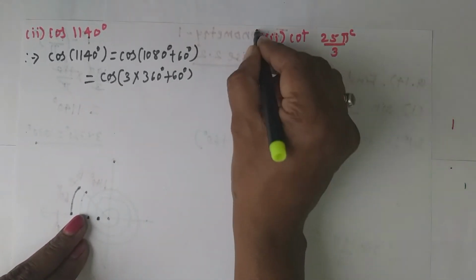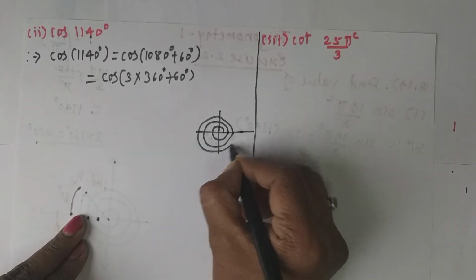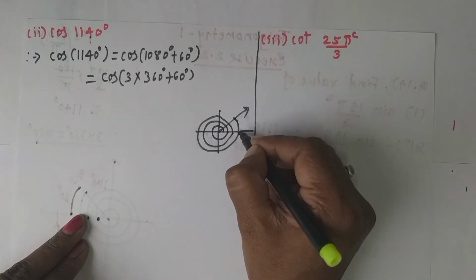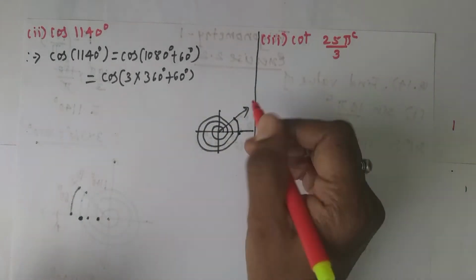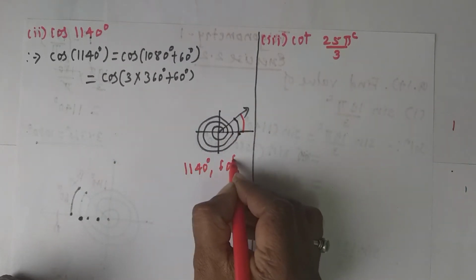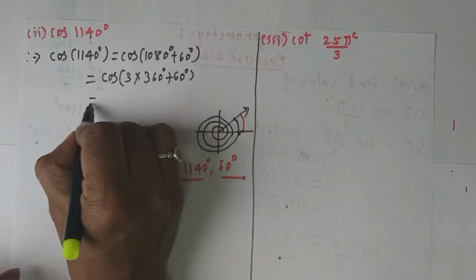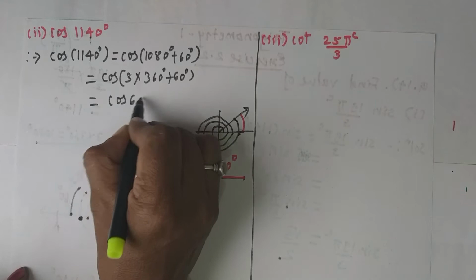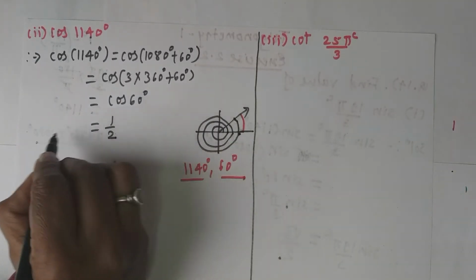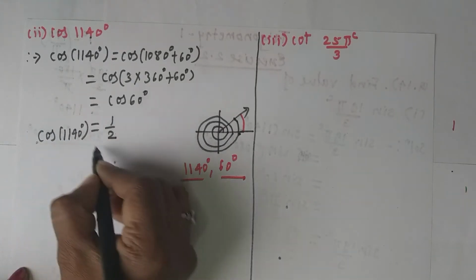Again see in your plane coordinate system, take 3 rotations, 1, 2, 3, and 60 degrees. Then the angle of 1140 degrees and the angle of 60 degrees are coterminal angles and have the same trigonometric functions, so this is nothing but cos 60 degrees. And what is the value of cos 60 degrees? Half. Therefore the value of cos 1140 degrees will be simply half.